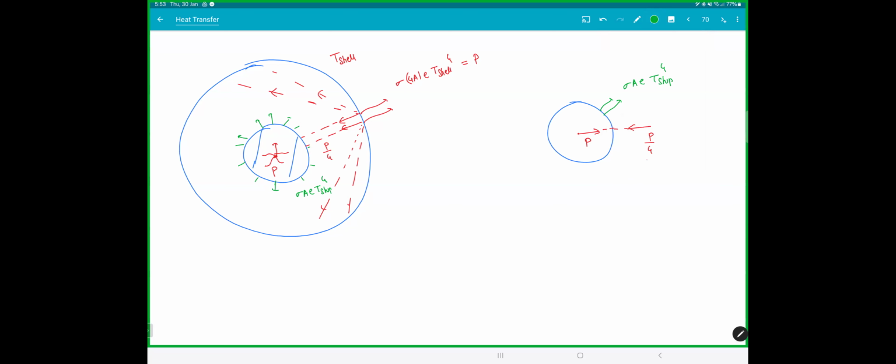Is this making sense? So the spaceship's surface is getting heat from two places. One from inside, which is P, and one from the outer shell, which is P by 4. You're in steady state, so the power received by the spaceship must be equal to the power emitted by the spaceship.